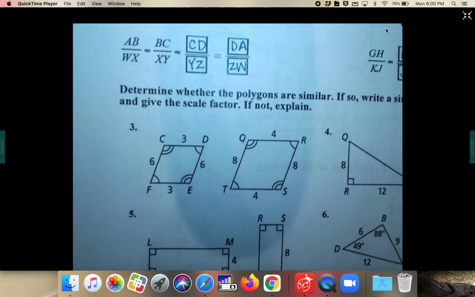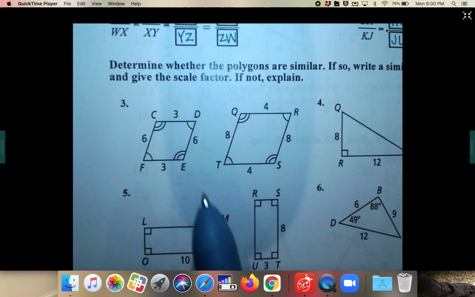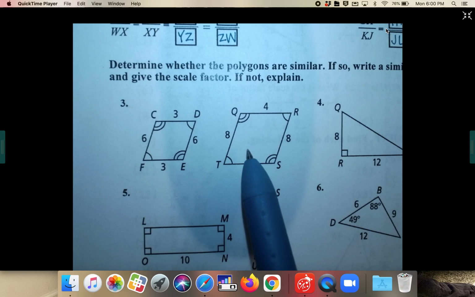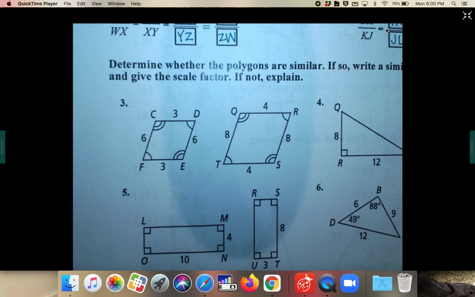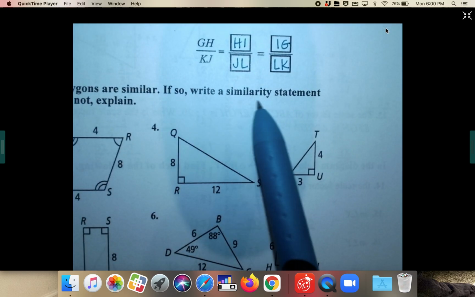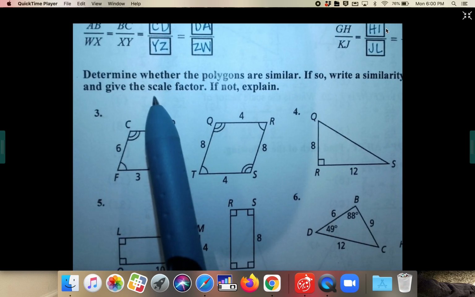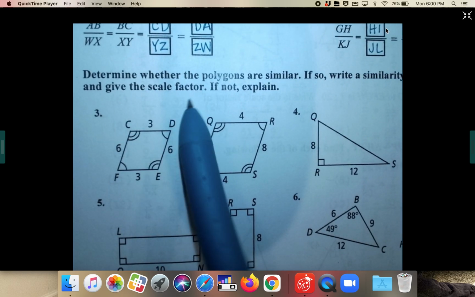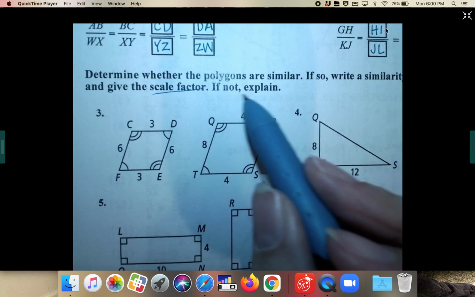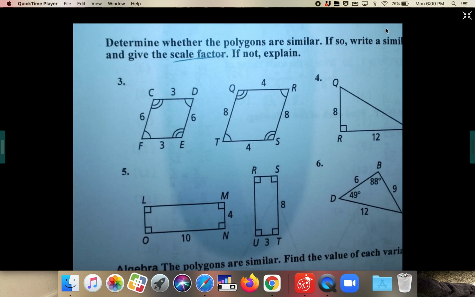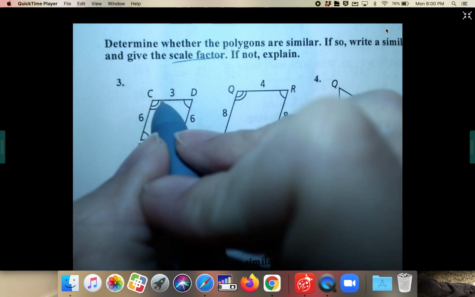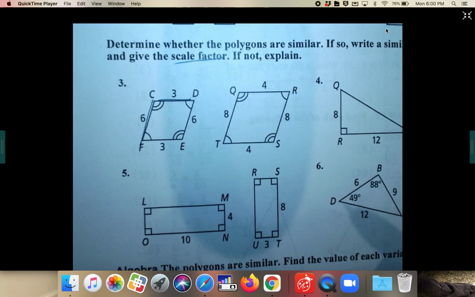Okay, so now we're going to start looking at two polygons, and you're going to determine if it's similar. So it's yes or no. And if so, write a similarity statement and give the scale factor. That's kind of new. And then if not, explain. Okay, so this is a 3 to 6.